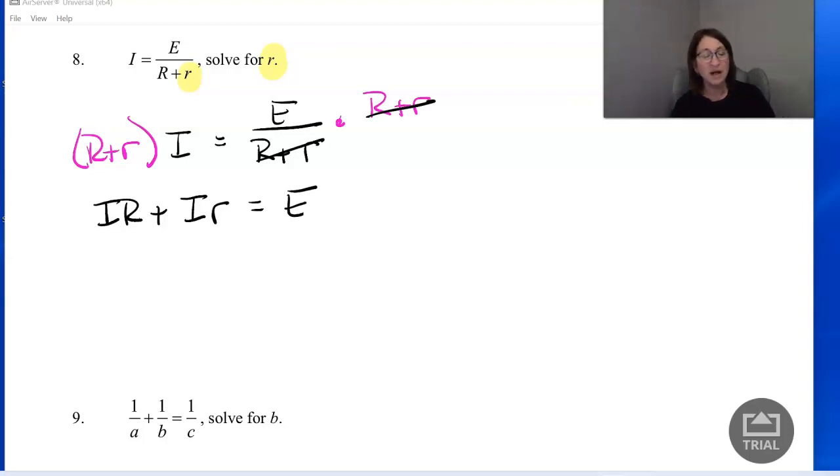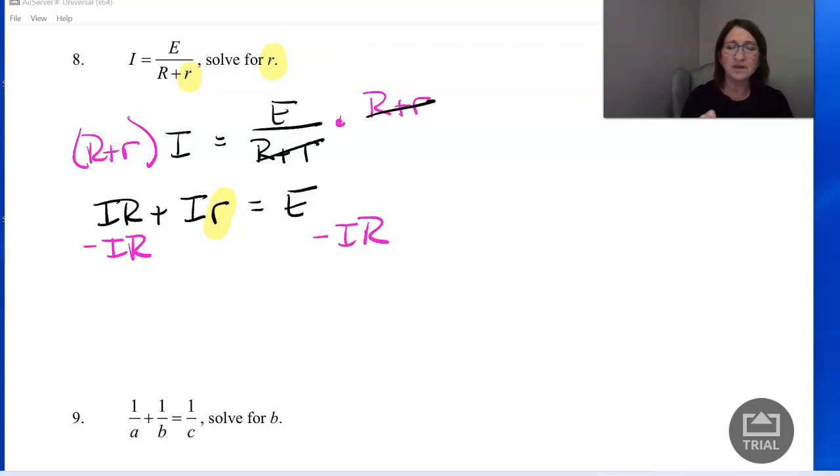Well, we're solving for little r. So I want to move this big R to the other side, and I do that by subtracting. So now I'm left with I little r equals E minus IR.